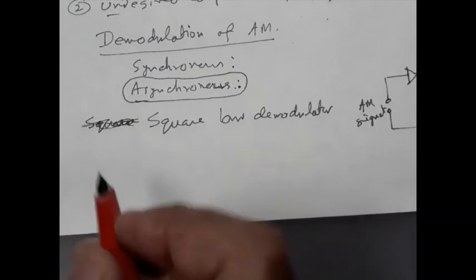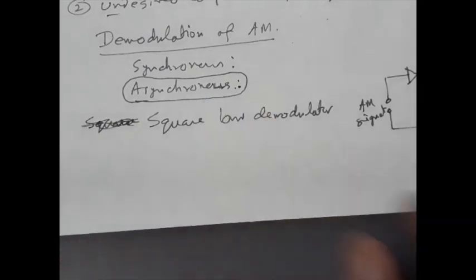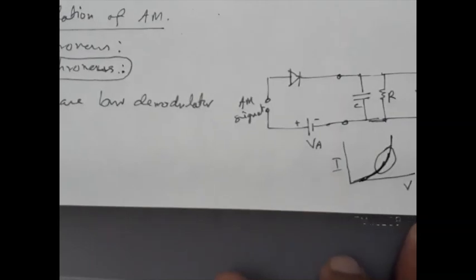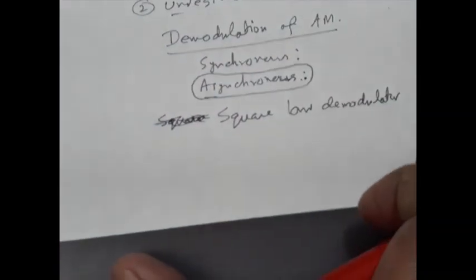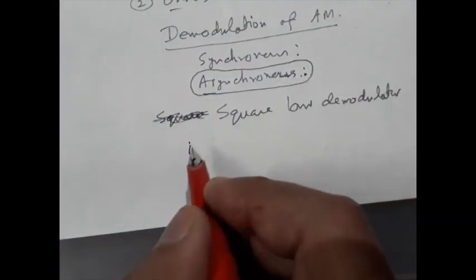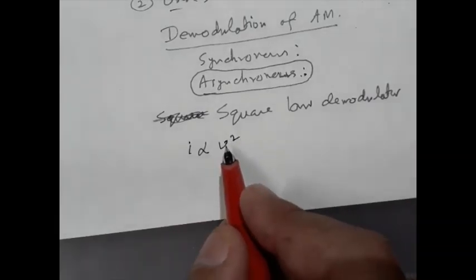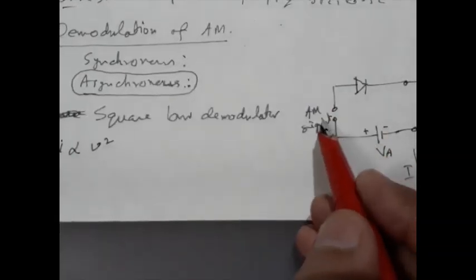In this nonlinear region, current and voltage relationship is nonlinear in nature. So we can write the current is proportional to V square, where V is this AM signal.